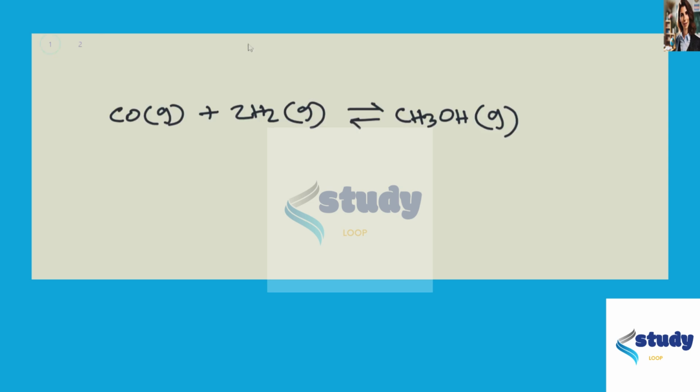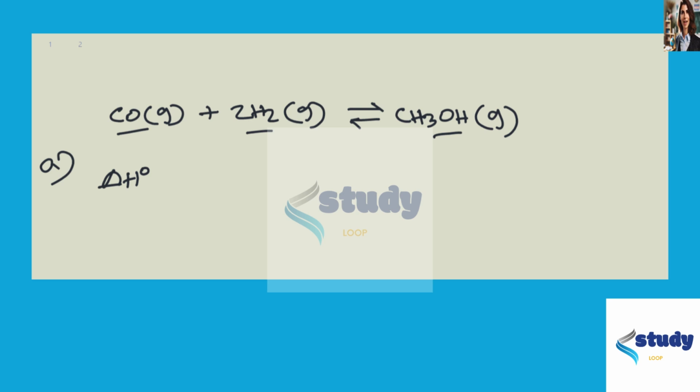So in this problem, we are given the reaction of the formation of methanol from carbon monoxide and hydrogen gas. And in the first part of this problem, we have to find the value of del H naught for this reaction.